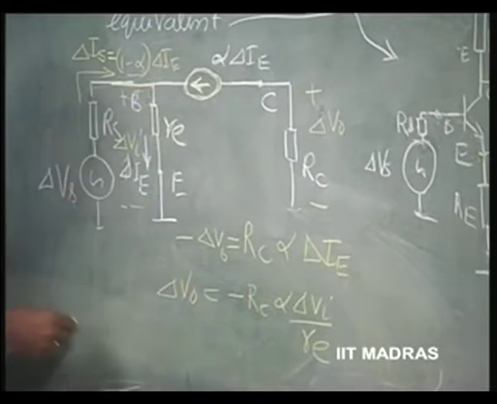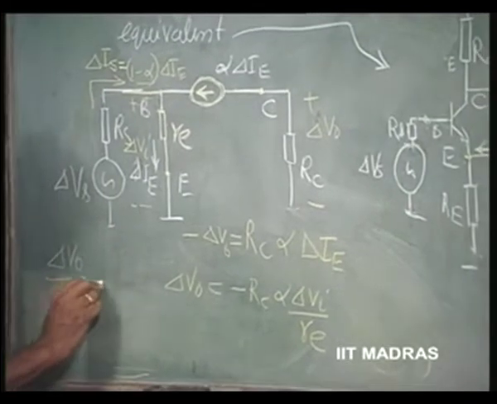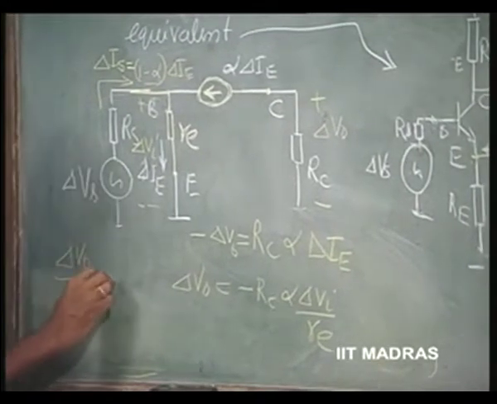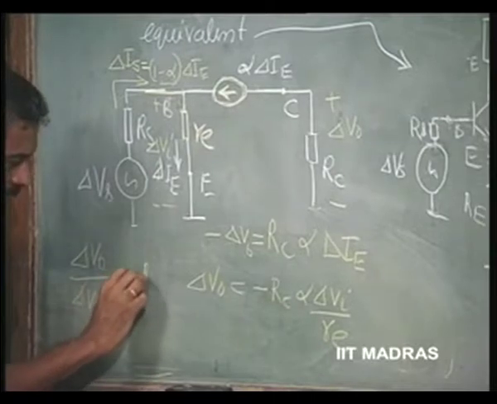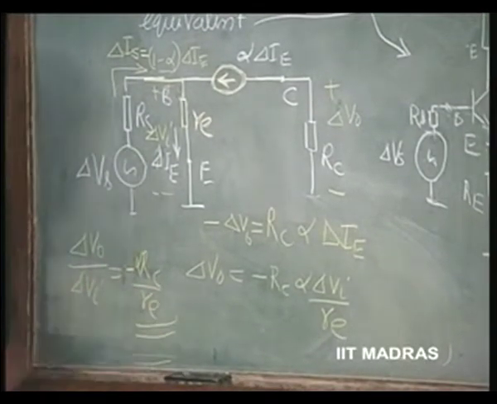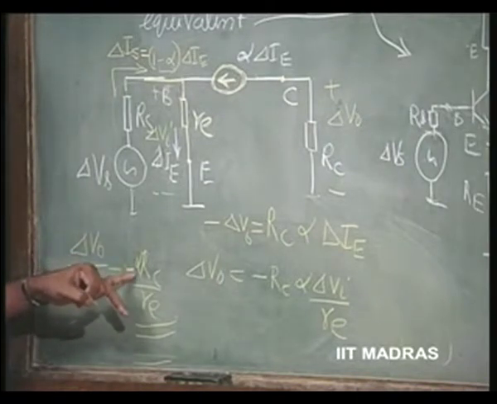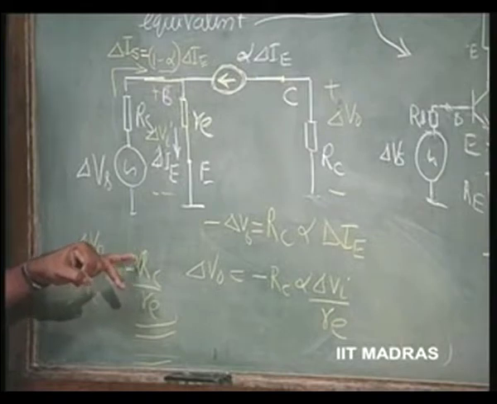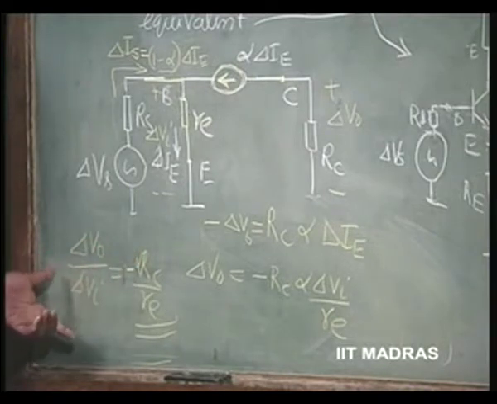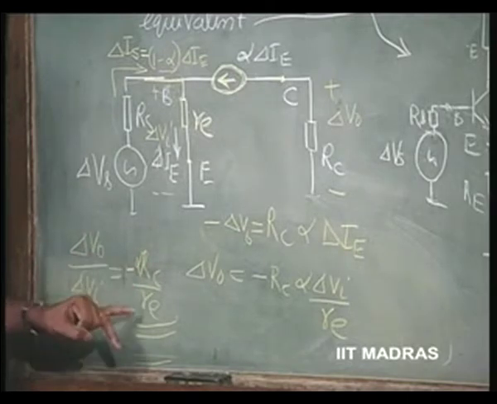So, now from this you can get delta V naught by delta VI as equal to minus alpha RC divided by RE. Very important equation. Alpha is very nearly equal to 1. So, essentially the gain of the amplifier delta V naught by delta VI is minus alpha RC divided by RE.